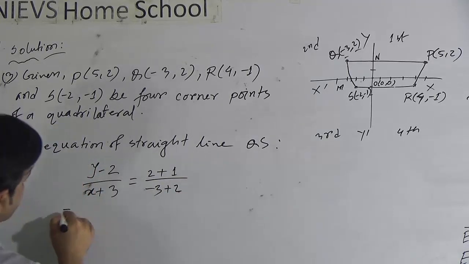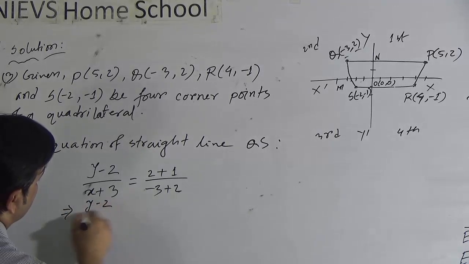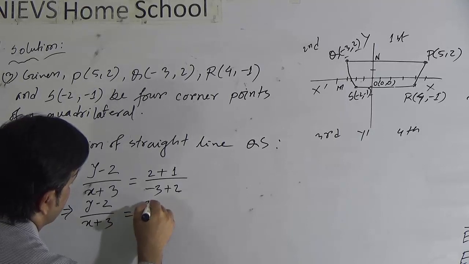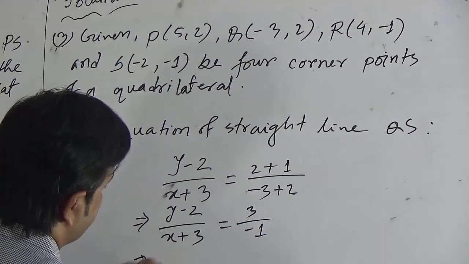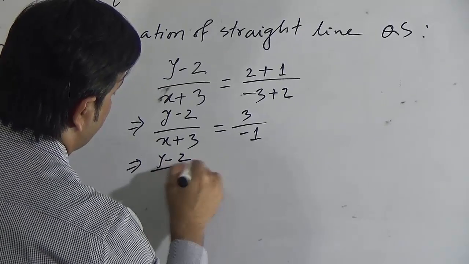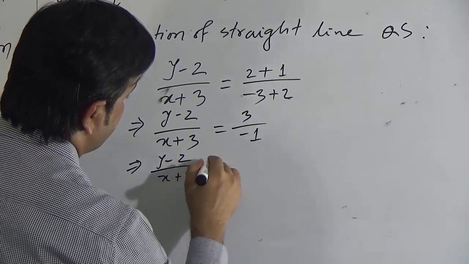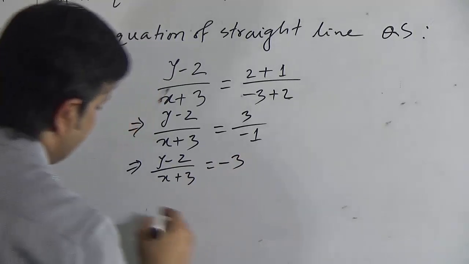So we will get here (y minus 2) by (x plus 3) is equal to 3 by minus 1, that implies (y minus 2) by (x plus 3) is equal to minus 3.